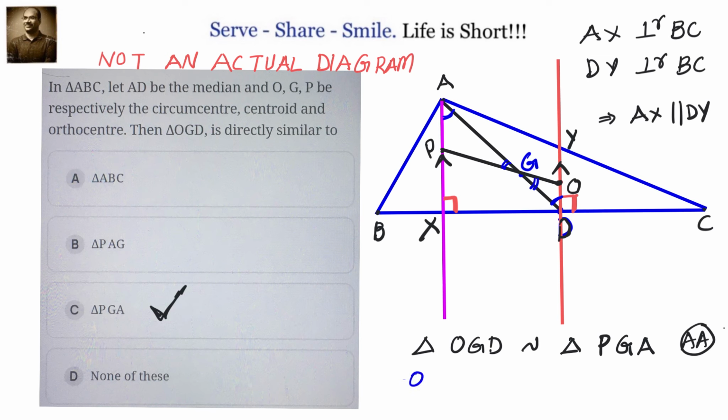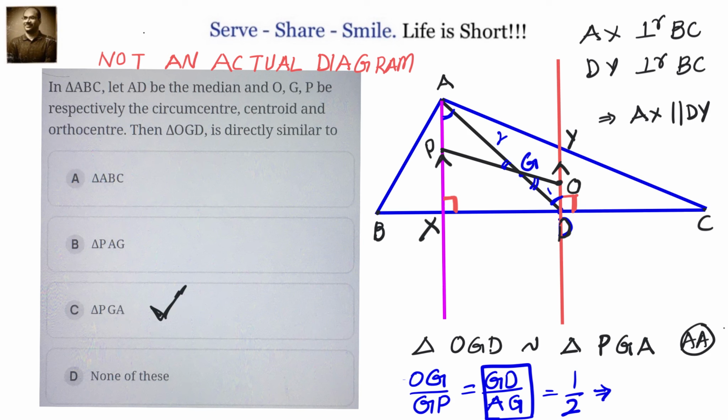We have OG divided by GP is equal to GD divided by AG, which is also equal to OD by AP, but we'll ignore that. And we know what GD by AG is, because we know that the centroid divides the median in the ratio 2:1. So this is 1 by 2.